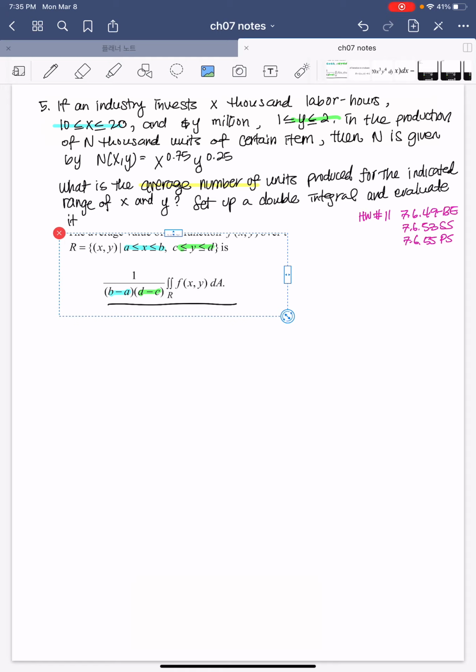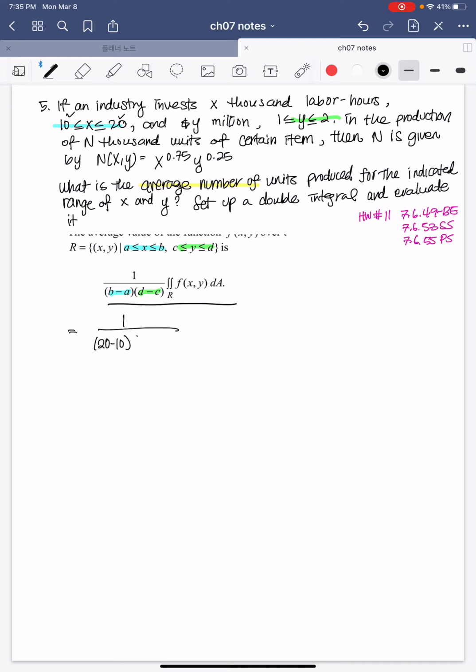So again, it's nothing different. Instead of giving you the formula like this, they just phrase it differently, but you're doing the same thing. So let's set up one more practice. My b is 20 and my a is 10, so 20 minus 10. d minus c is 2 minus 1.